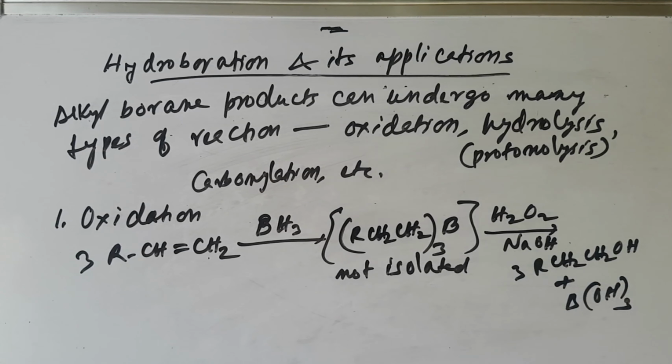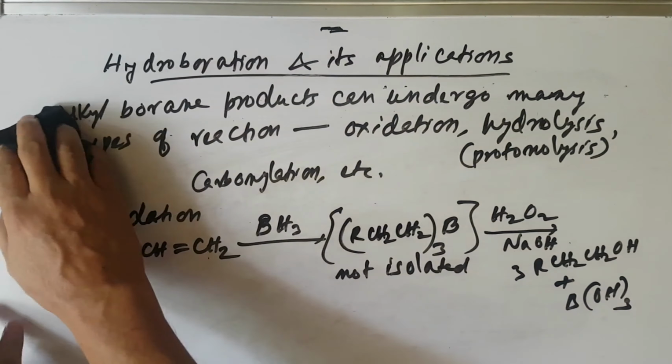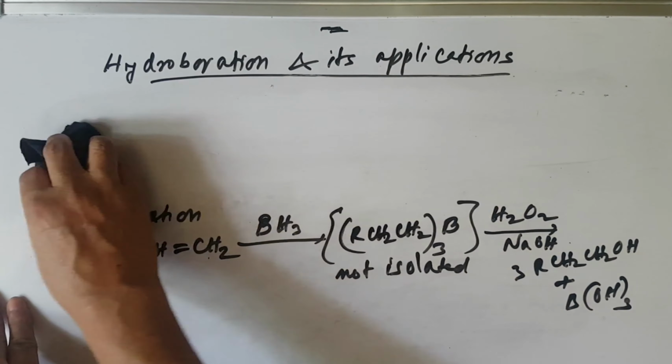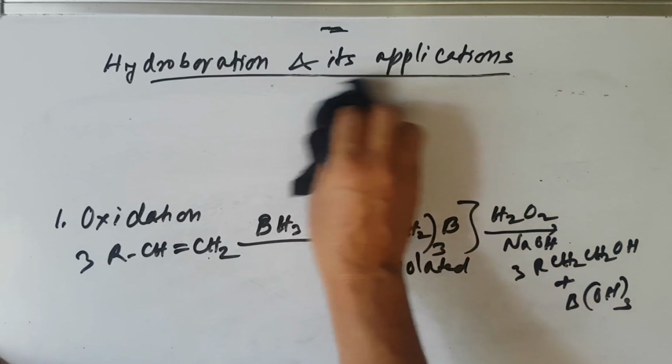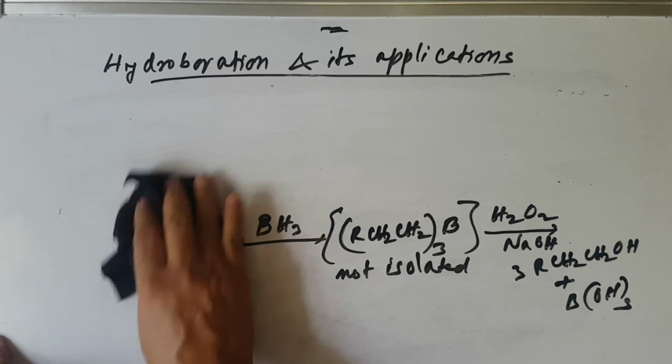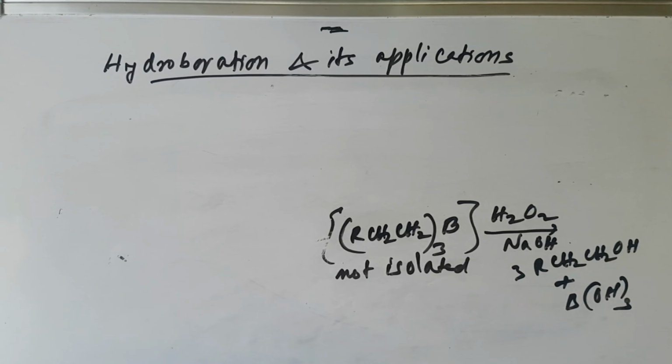So, the reaction mechanism. I'll show how oxidation of alkyl boron gives alcohol. Alkyl boron undergoes oxidation with hydrogen peroxide in the presence of sodium hydroxide to give alcohol. I'll give the example mechanism here.